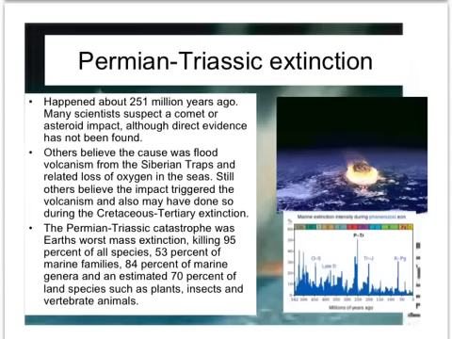The next one, I put everything in there just so I can explain it. This is the Permian-Triassic extinction, also known as the Big Kill-Off. It is the most massive mass extinction event that we know of. Some possible causes could have been volcanic eruptions, things like that.